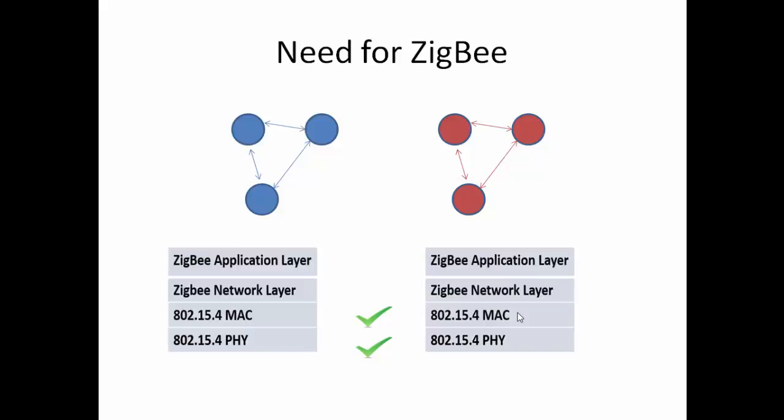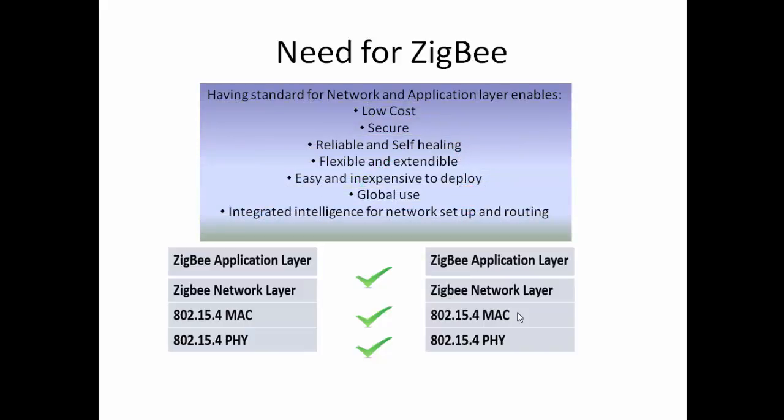So what this enables is, now at network and application layer also I have interoperability, and even if I have two different set of sensor networks, I can ensure that they can talk and extend their functionality or extend their region of operation, allowing me to have these benefits. Low cost, secure, common network layer ensures reliable and self-healing.